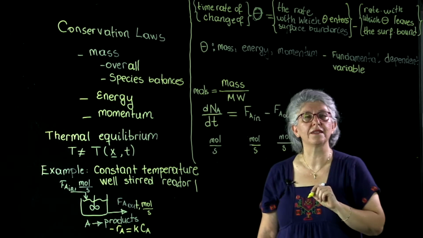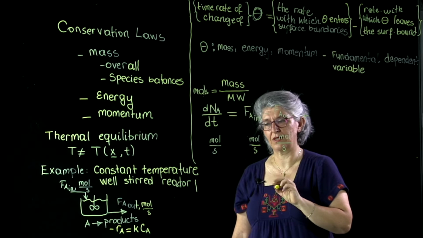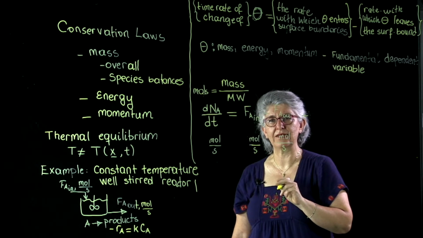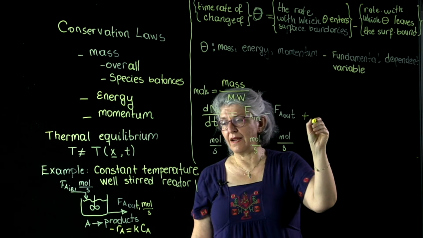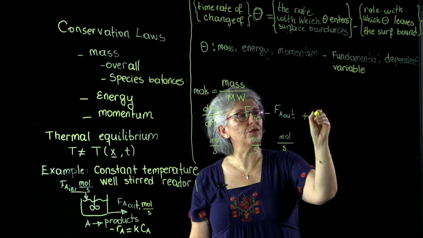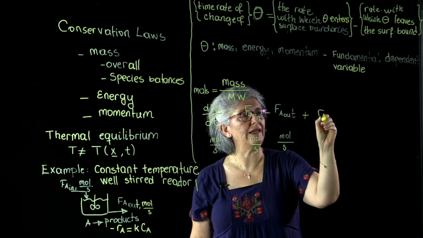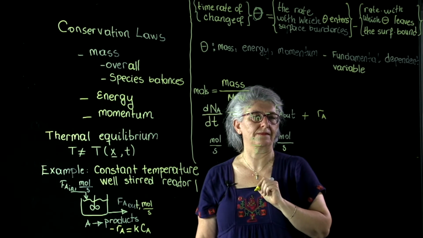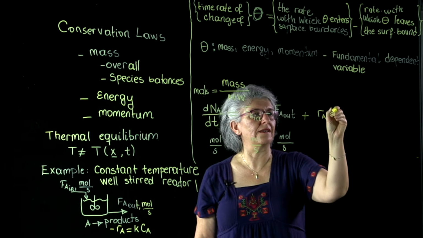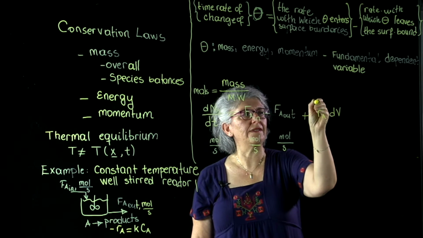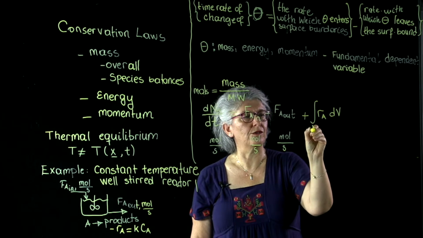The rate with which A is generated. And now I'm going to write r_A times dV, and I will integrate over the volume.